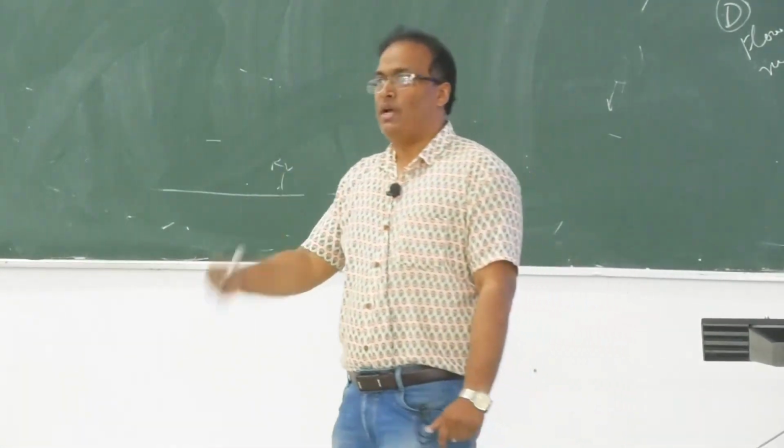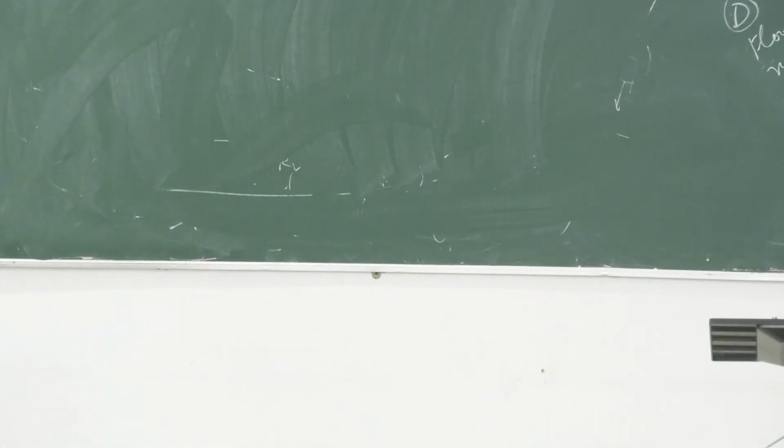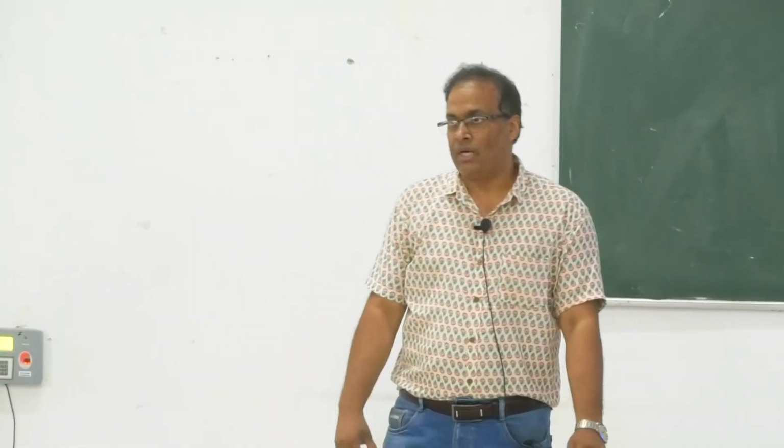Which is the main stimulus for the peripheral nervous system, as well as which is the main stimulus for the central nervous system.